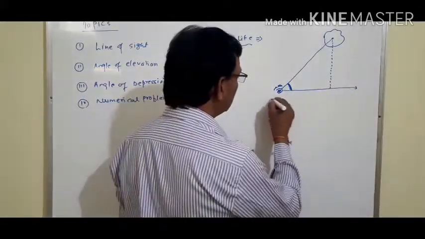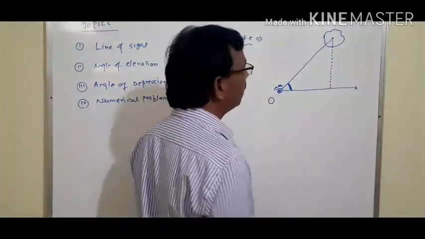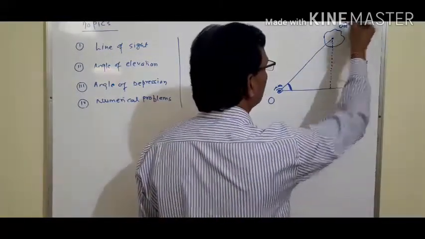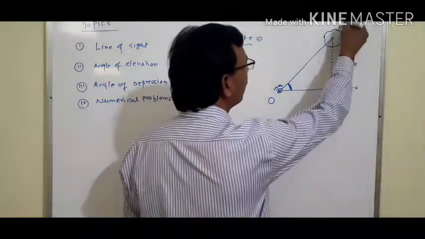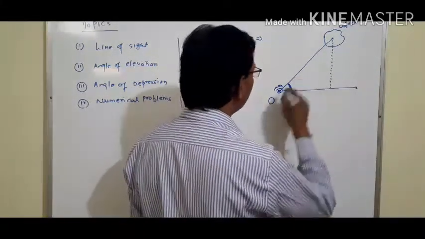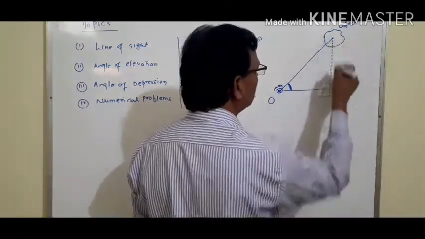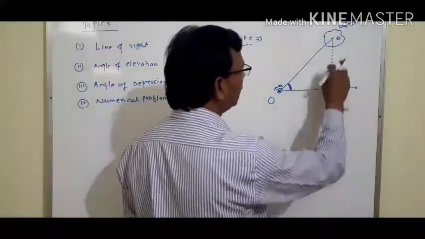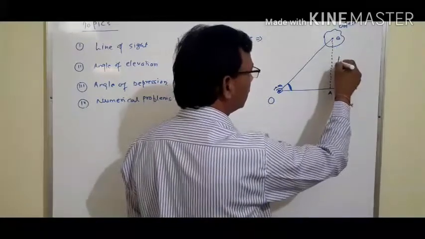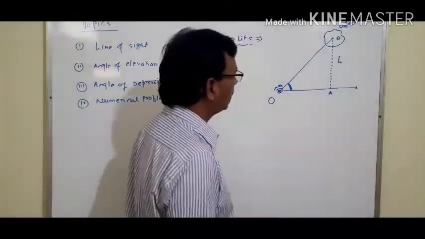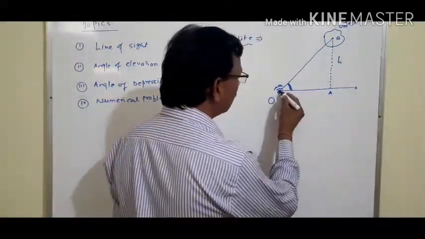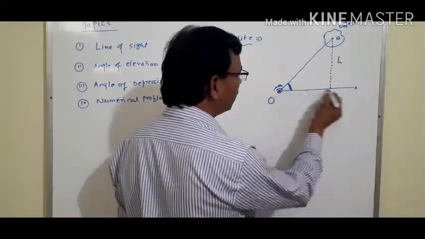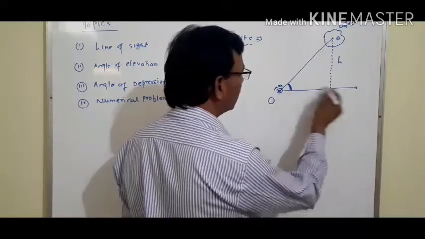Suppose this is the observer denoted by O, and this is the object. Suppose this is point O, this is point A, and this is point B. We want to find the height of AB. Suppose this height is equal to h, and OA is the distance on the horizontal, so we can actually measure the length of OA.